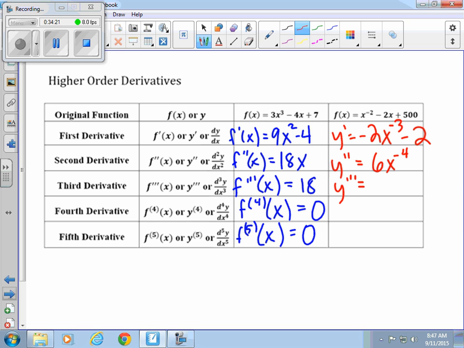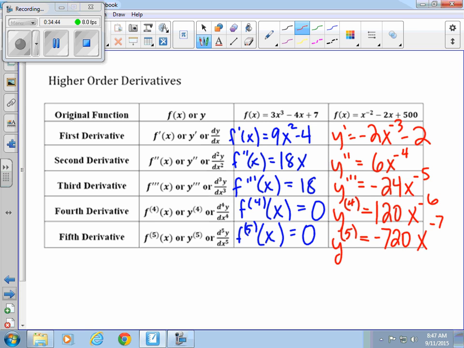Third derivative. Fourth derivative. Gotta do a little clock on multiplication. 120. Negative 720 x to the negative.